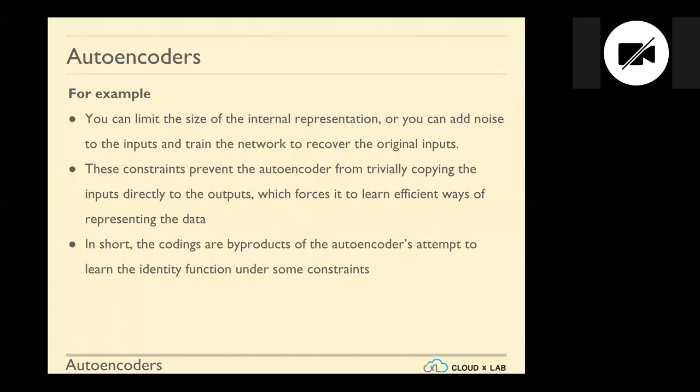And these constraints prevent the autoencoder from just copying the input to the output, which forces it to learn efficient ways of representing the data. In short, the codings are byproducts of the autoencoder's attempt to learn the identity function under some constraints.